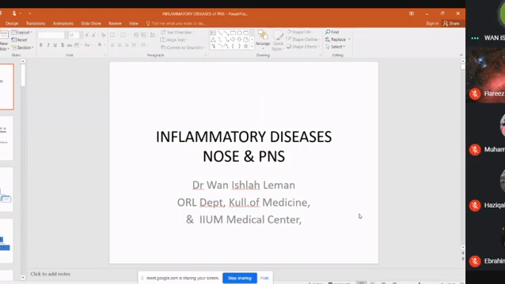But if they come with pure rhinosinusitis, the infective type, that's the one I explained just now. They come with persistent nose block, one side, with facial pain, discomfort, purulent nasal discharge, all that.